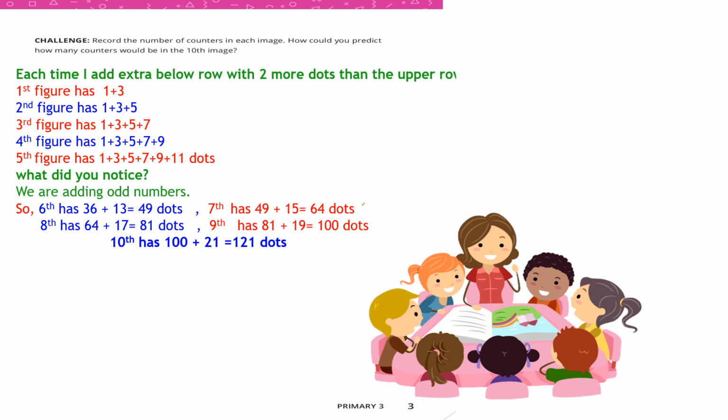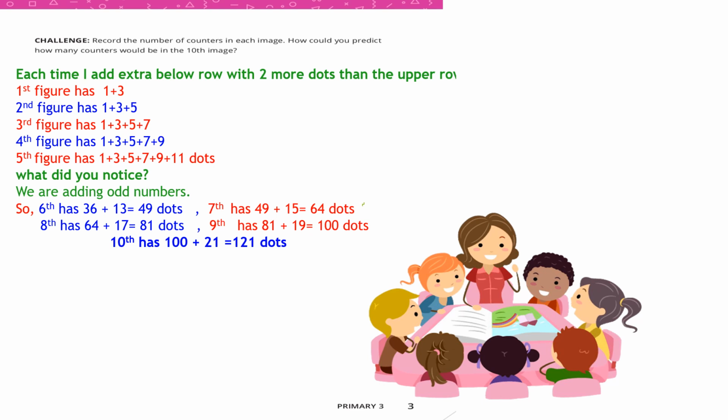And we noticed also that all the numbers of counters or dots in each row are odd numbers. If we start from the top, we will find that the first figure has 1 plus 3. Second figure has 1 plus 3 plus 5. Third, 1 plus 3 plus 5 plus 7.